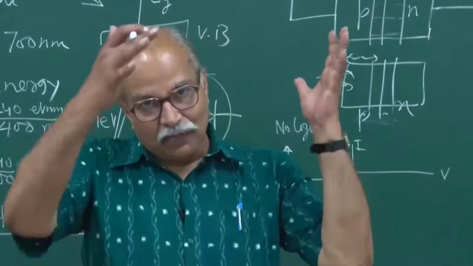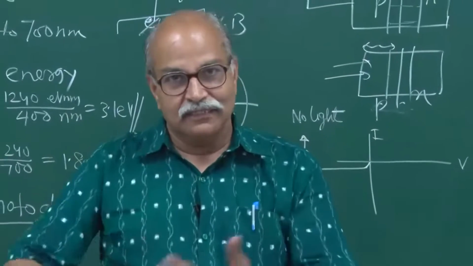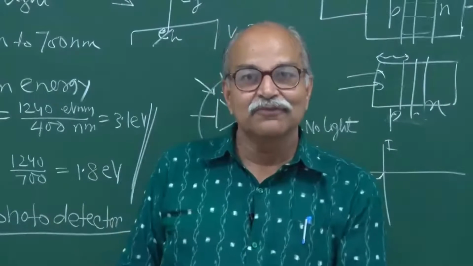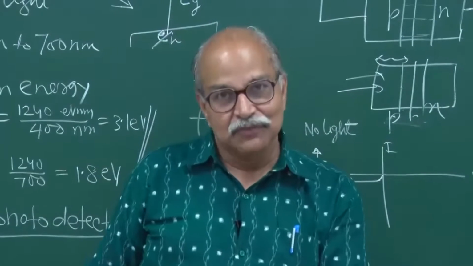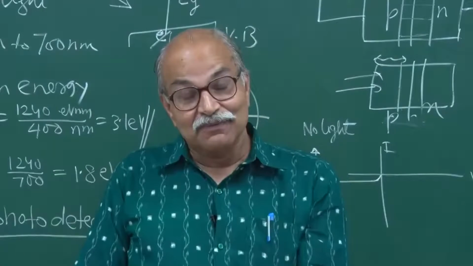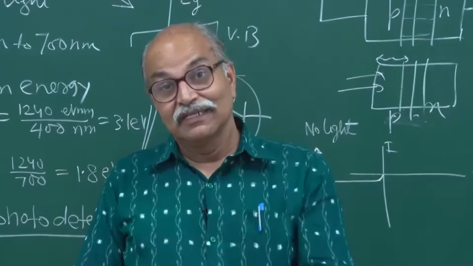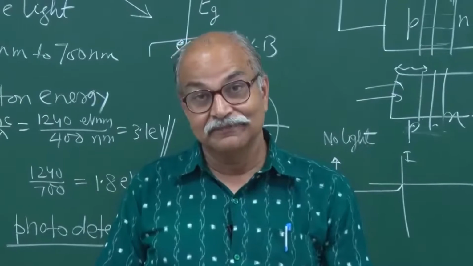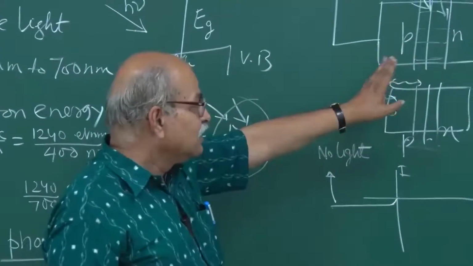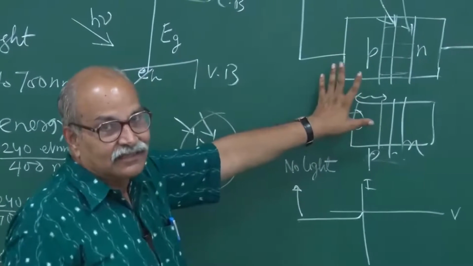So if 1000 photons are falling, there is an efficiency factor. So that many hundred photons may get absorbed there, and each photon which is absorbed gives rise to one electron hole pair. Okay. There may be some other ways of dissipating the energy, but finally there is some fraction.